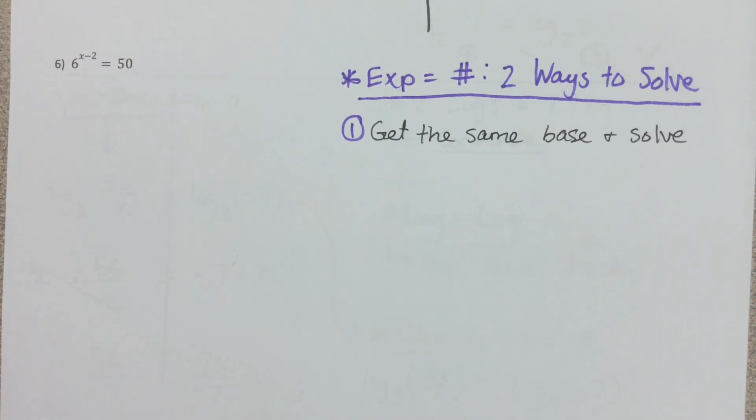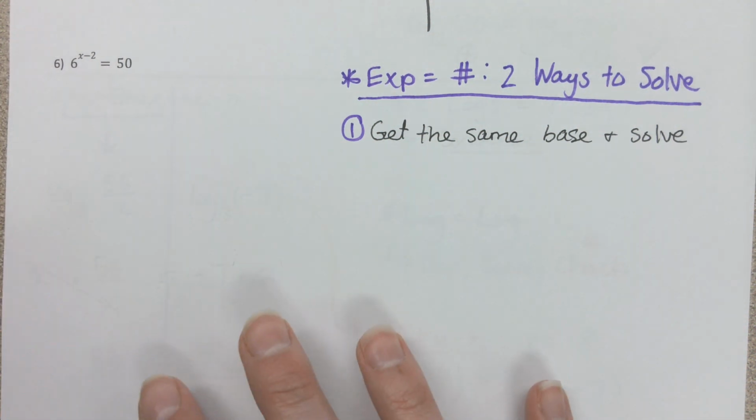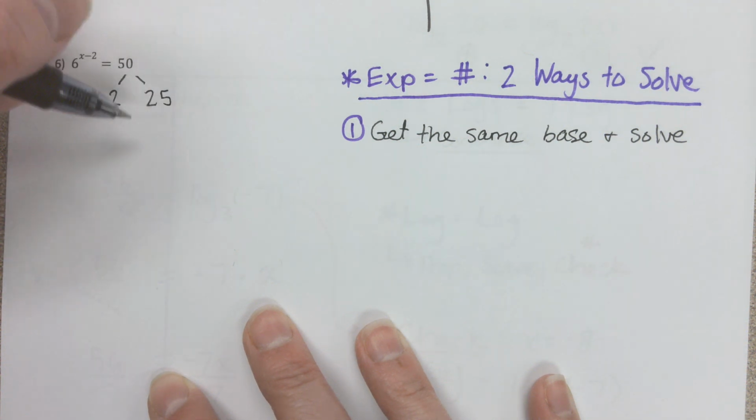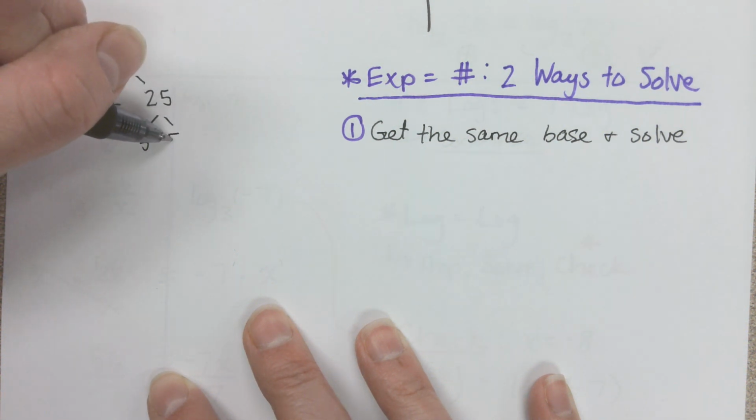That's what you were taught to do. That's what you're conditioned to do, so let's do that. You can't break the 6 down. 6 breaks down into 3 and 2. 50 breaks into 2 and 25. And then the 25 breaks down into 5s.